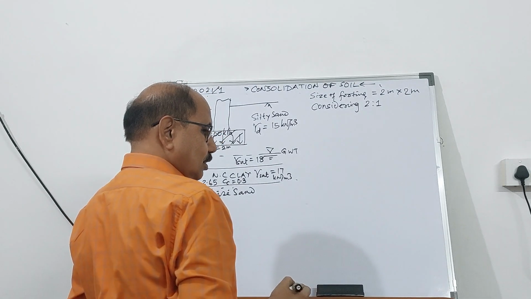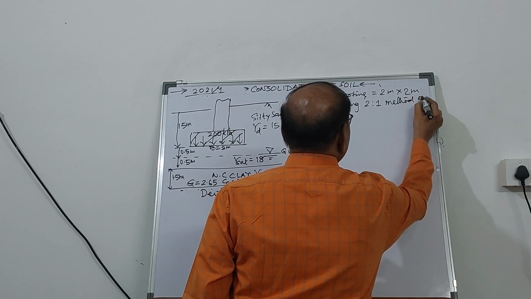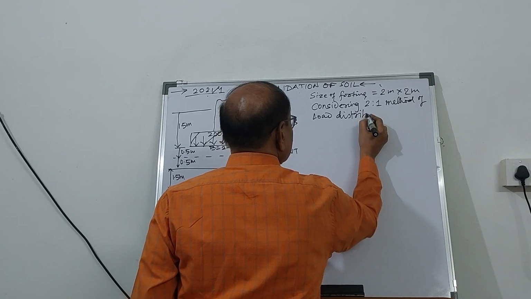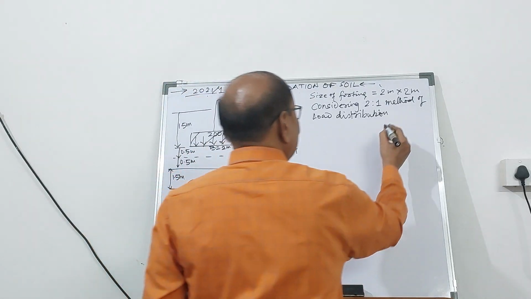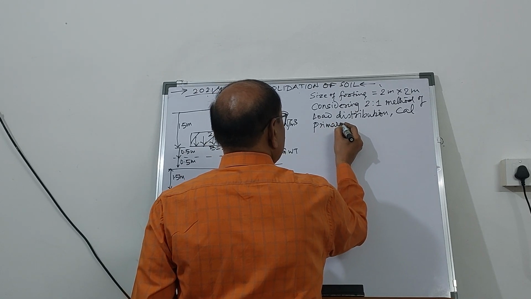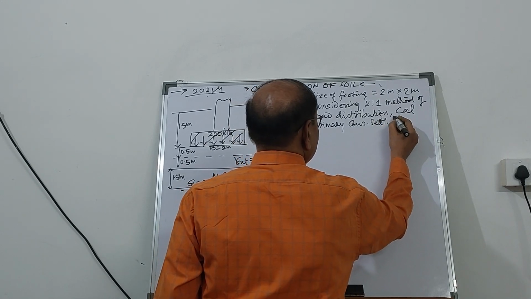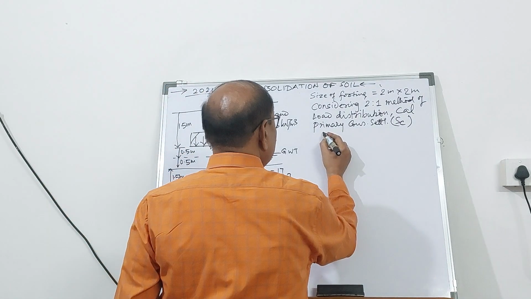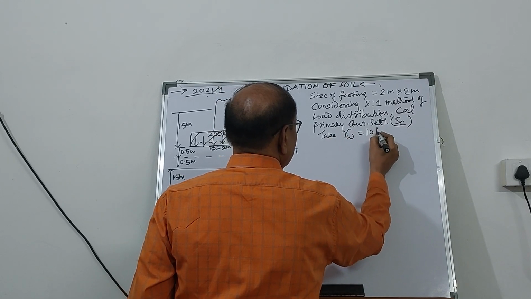So load 2:1 method of load distribution. Calculate primary consolidation settlement, SC. Take gamma W, unit weight of water, equal to 10 kilonewton per cubic meter.